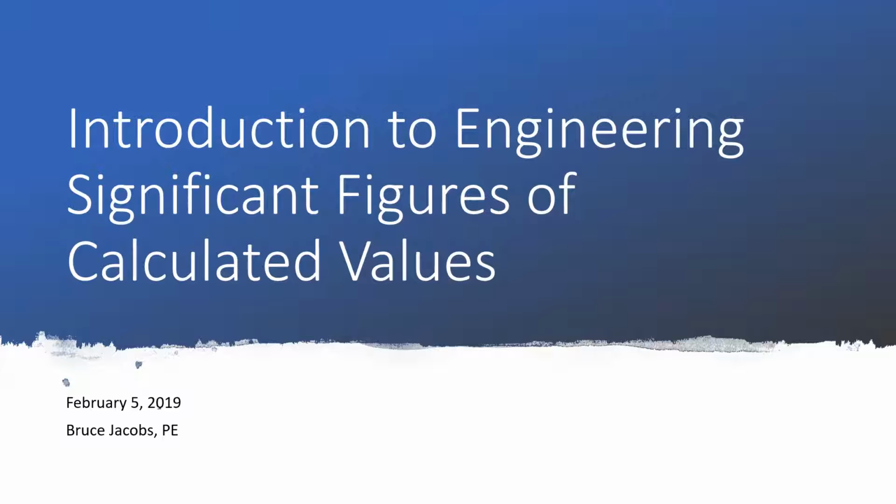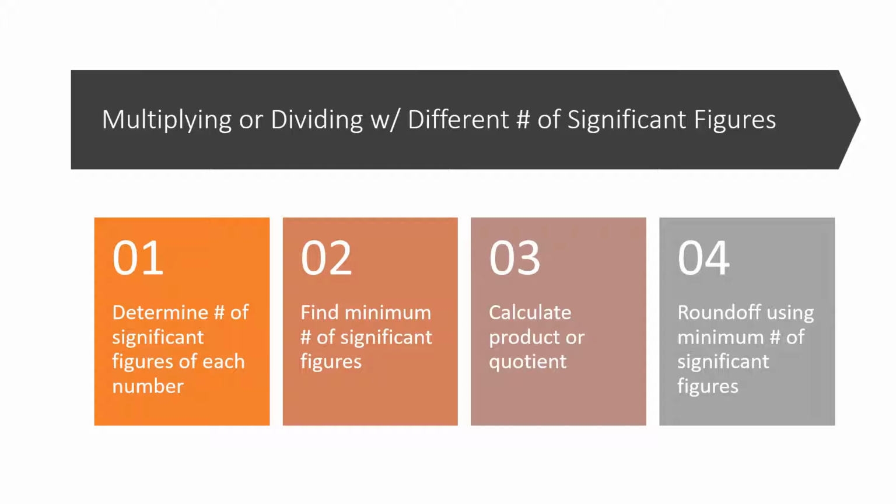What happens if you have two numbers and you want to multiply or divide them, or you might have 3 or 4 numbers in sequence that you want to multiply or divide? There are 4 steps. The first step: determine the number of significant figures of each number.